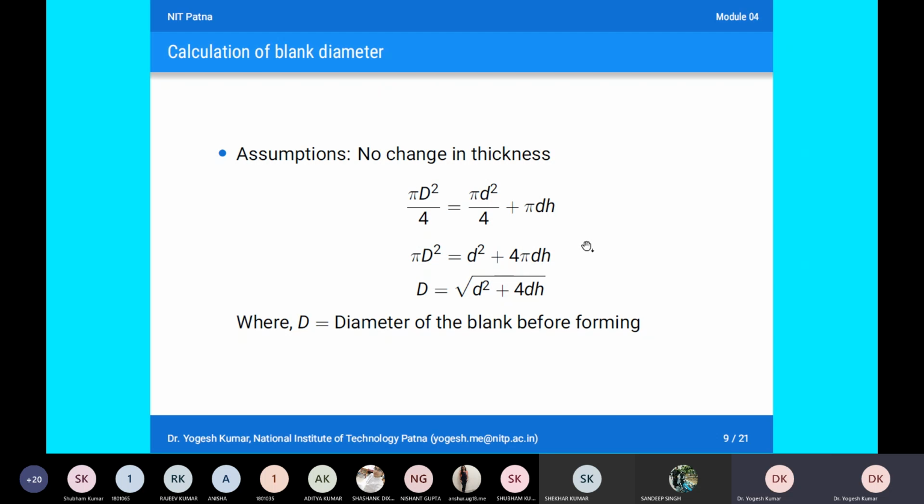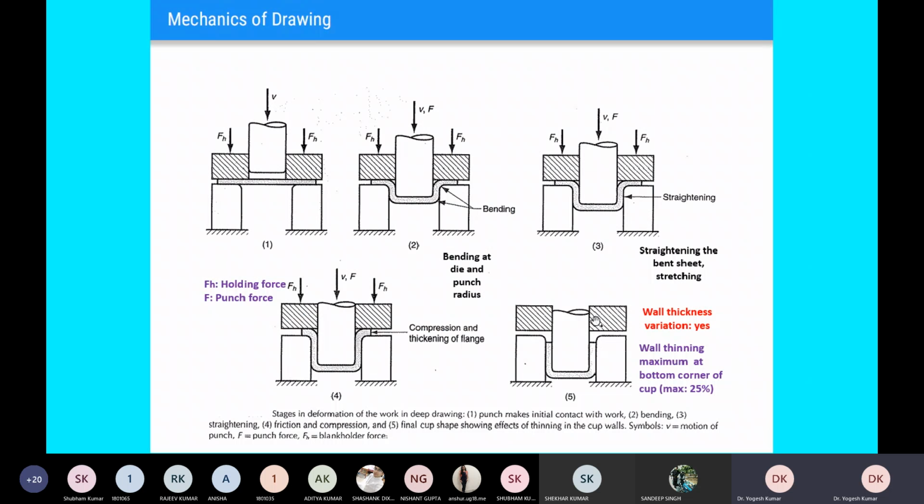Okay, so now we will come to the next part, that is calculation of the blank diameter. Blank diameter is nothing but the initial diameter of your sheet. So we assume that the initial diameter of the sheet is capital D, and we are forming a circular cup, the product which is visible in figure 5.